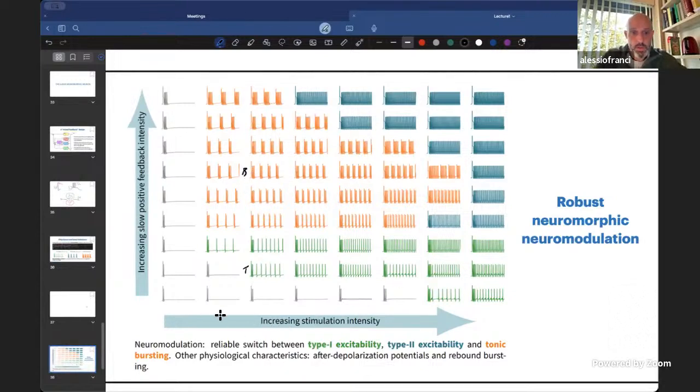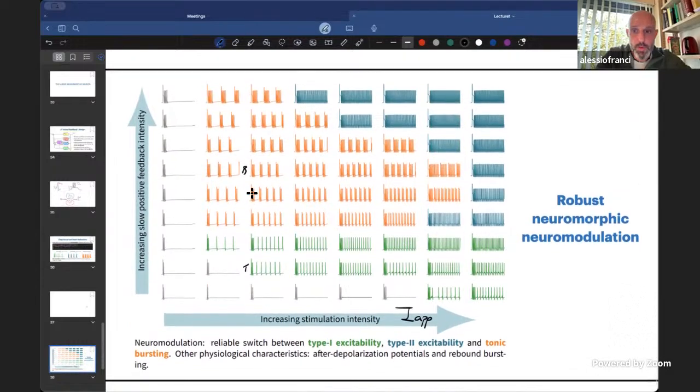On the horizontal axis, you have the applied current, I up. So you see that you can switch from a very linear encoding of the stimulus strength, where it passes from low frequency spiking to high frequency spiking as a function of the applied current, so a very linear neuron, to a neuron that is silent, and then as applied current increases, switches on this rhythmic bursting behavior.